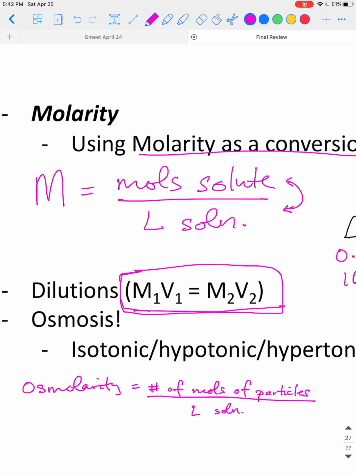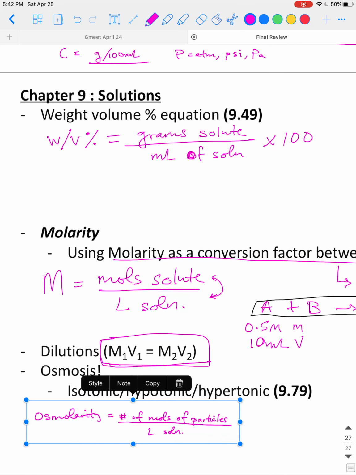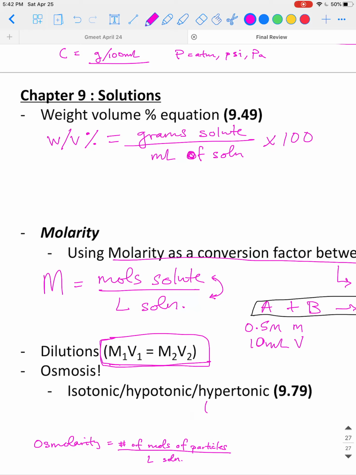We don't care if you're an ion or a molecule like glucose, but number of moles of particles per liter of solution. So if we have 1 liter of solution and we have a lot of particles in it, it will have a higher osmolarity than if we had another liter of solution with very few particles.